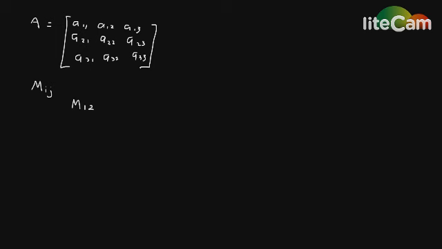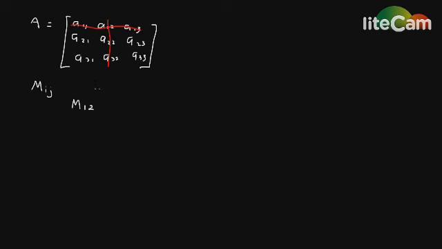So let's delete it: delete row 1, delete column 2. You'll see now we're left with a 2 by 2 matrix, and therefore we can get the determinant in the easy way that we spoke about earlier, by multiplying these two elements, keeping a positive in front, and then multiplying these two elements, keeping a negative in front.